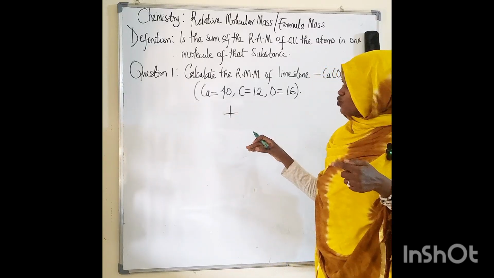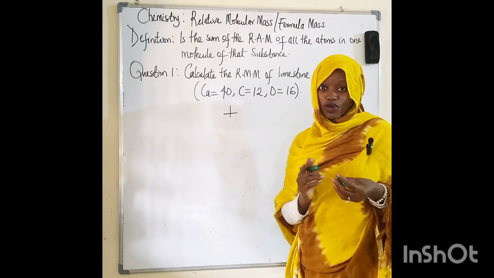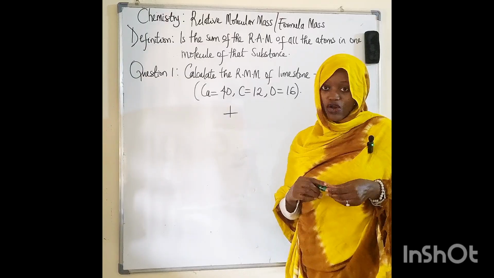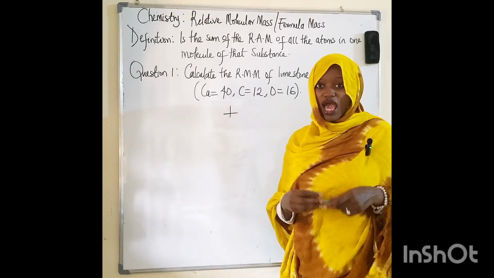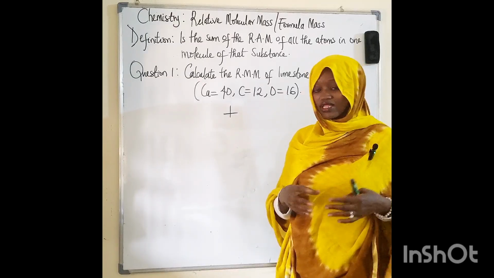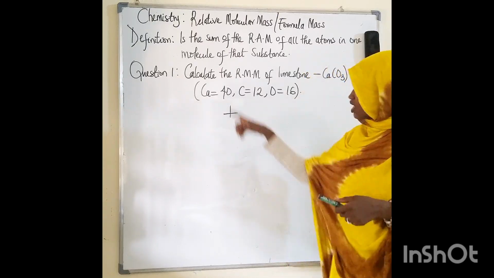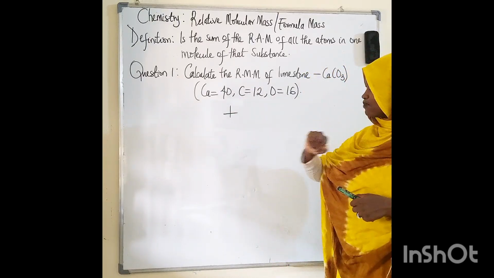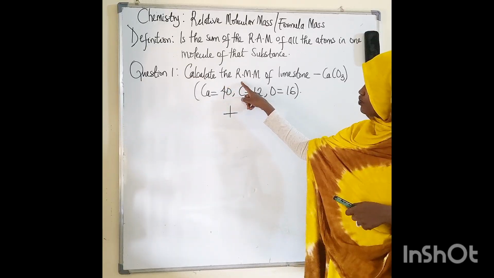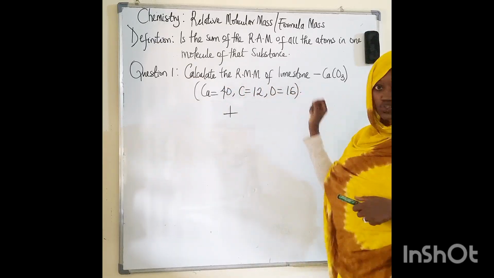So we are going to solve some mathematical problems to learn how to calculate relative molecular mass of different compounds. Let's start with the first one, which says calculate the relative molecular mass of limestone.